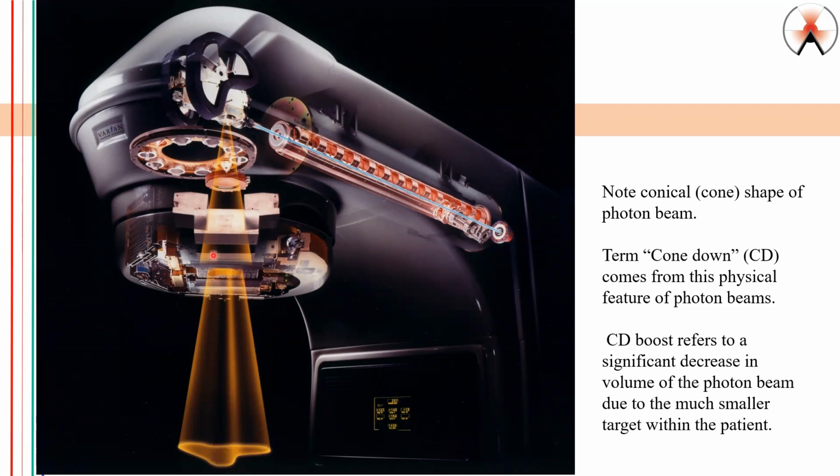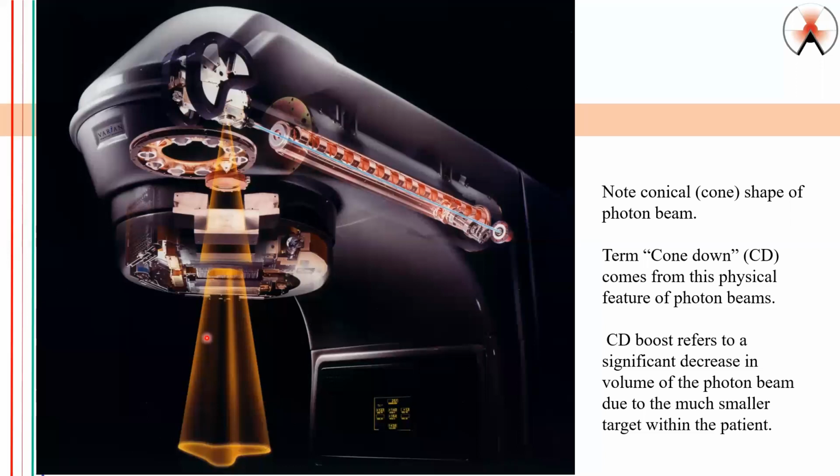The one thing that I want to point out about the geometry of this beam, if you look at this here, is conical in shape, like a cone, okay? Cone down. I added these terms just last night, just to give you additional information. You might not have this in your slide, but cone down comes from this. The shape of the photon beam is like a cone.